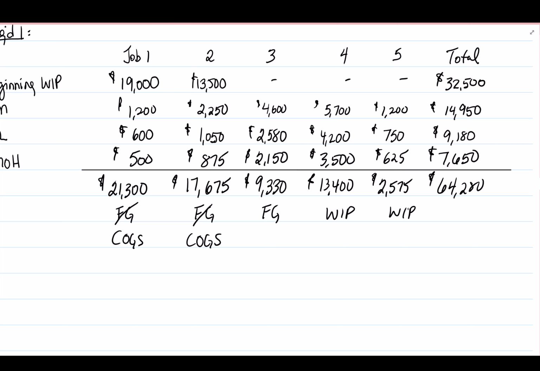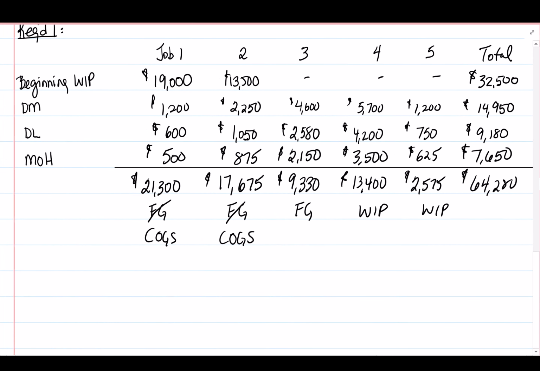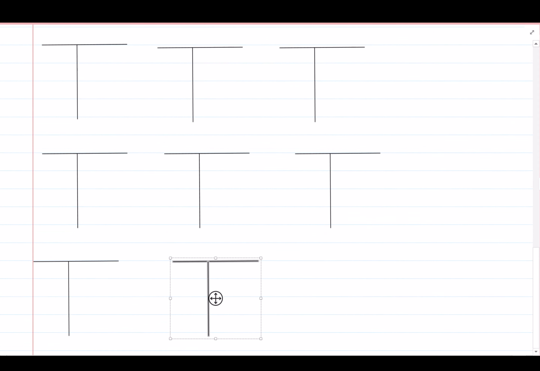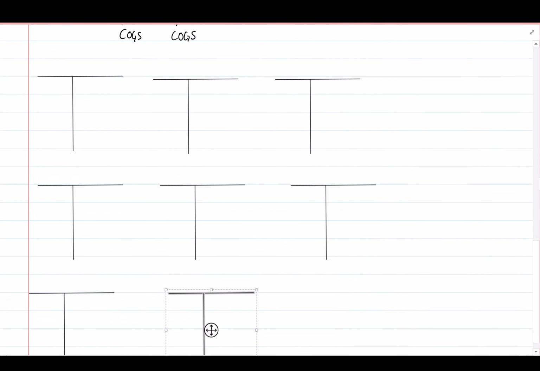Because this was just work in process for the prior months in January and things sitting in work in process. What's in those other accounts can be a little bit different. So I'm going to do this the traditional accountant way and use some T accounts. You don't have to do the T accounts. I'll show you how to do it a different way. And what I want to do is just flow through everything we just did.